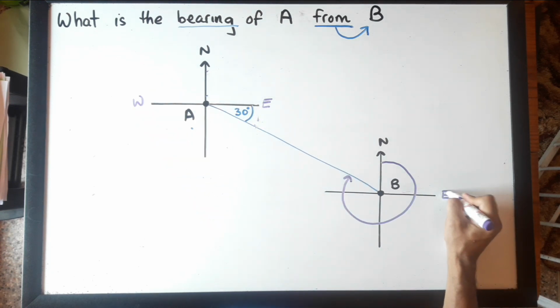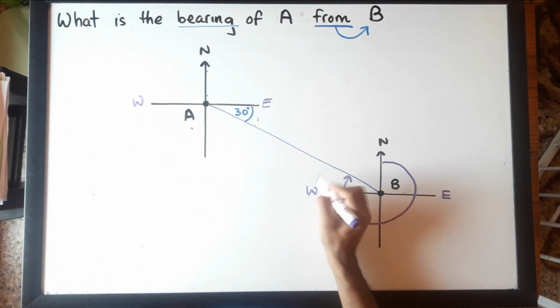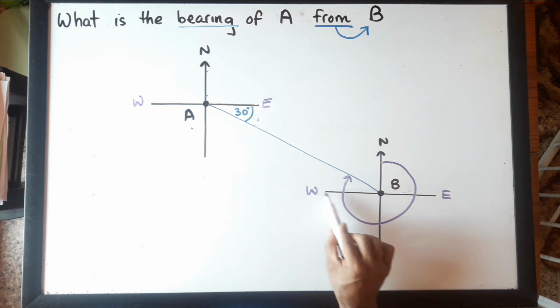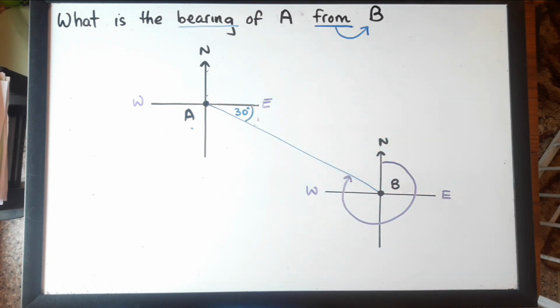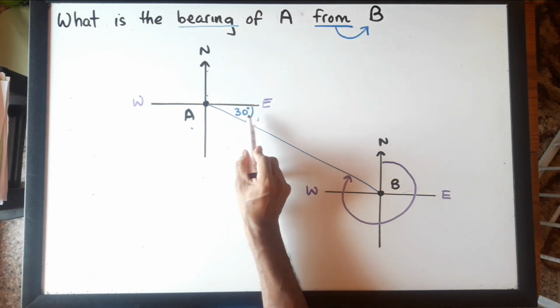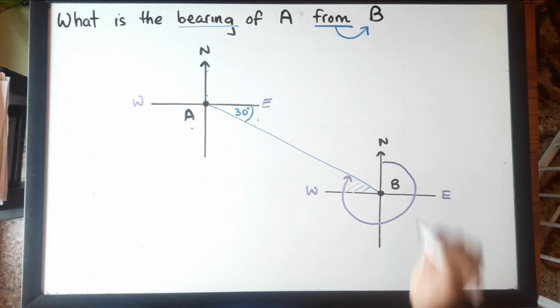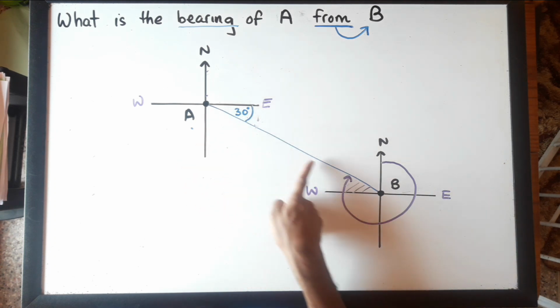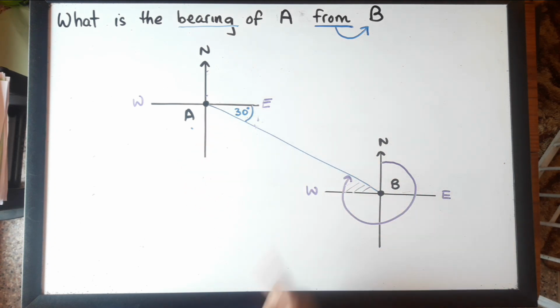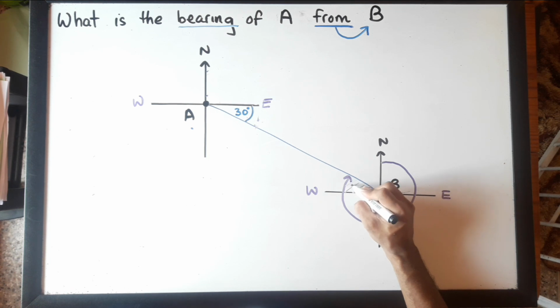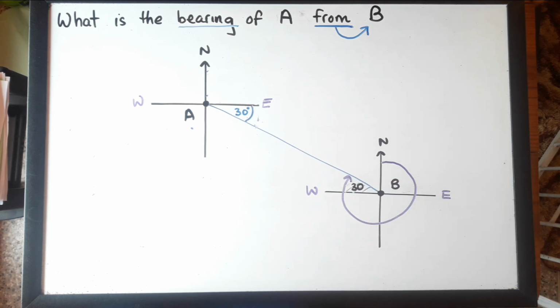Over here we have another east and another west. West-east and west-east are parallel. So if here's 90 degrees, then this shaded angle here is also 90 degrees. Now, my alternating angles. You see, in Trinidad, we usually call them Z angles. So that means this little shaded portion here is also 30 degrees, but only the little shaded portion.